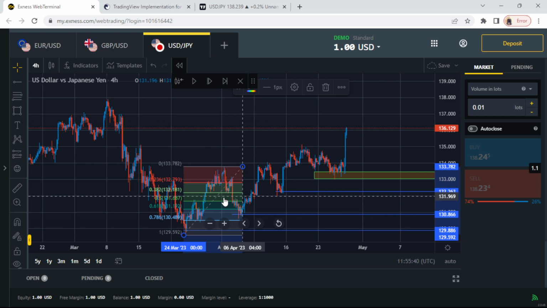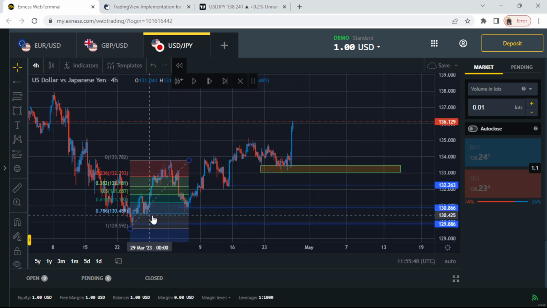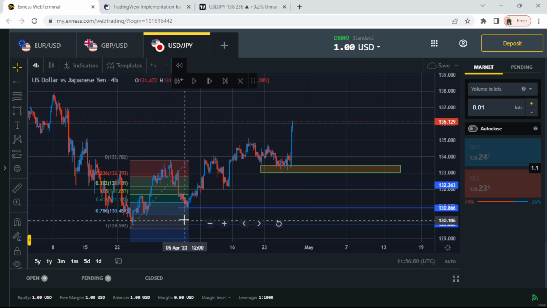Where did this price bounce off? It bounced off at this zone, 78.6. As I was saying, this support and resistance is not a single line like this, it's a zone like this. So this zone where the price bounced off is level 78.6 of the Fibonacci.